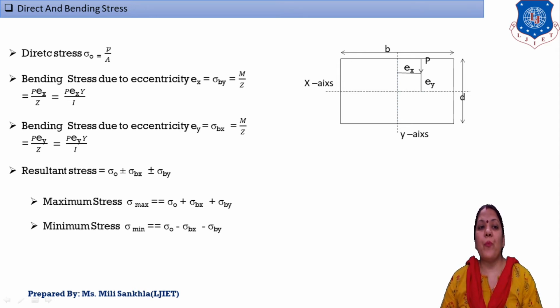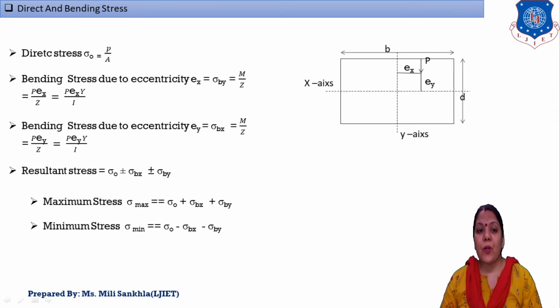M is equal to P into x, because eccentricity is always perpendicular to the axis, and Z is equal to I by y. Now bending stress due to eccentricity Ey gives us bending stress about the x-axis: M by Z, where M is equal to P into Ey, giving sigma Bx.